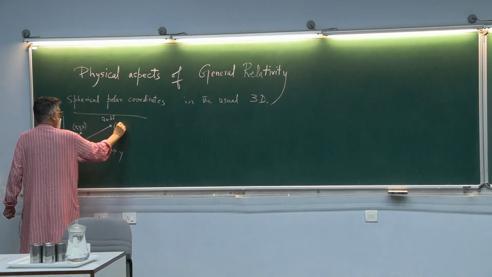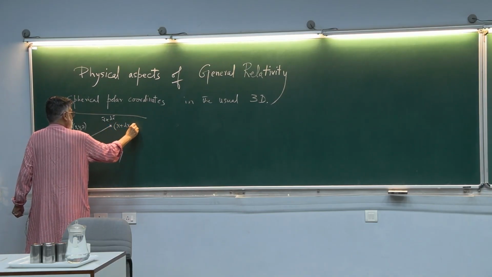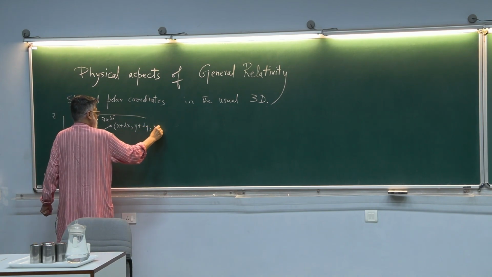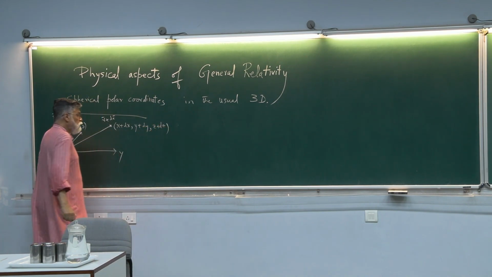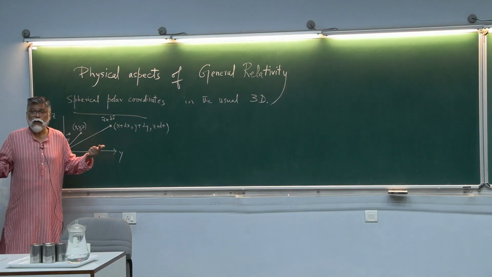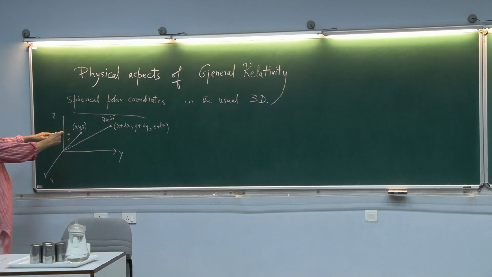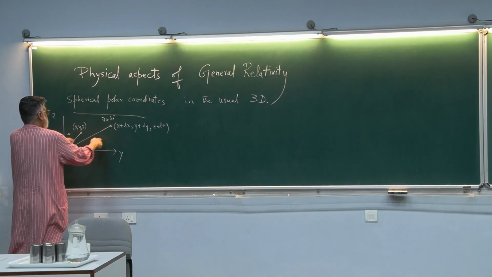This point will have coordinates x plus dx, y plus dy, and z plus dz. Now, we are talking about measurements, and we ask ourselves, between these 2 points, what is the physical distance?